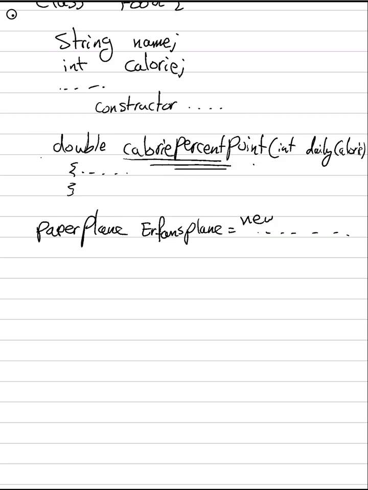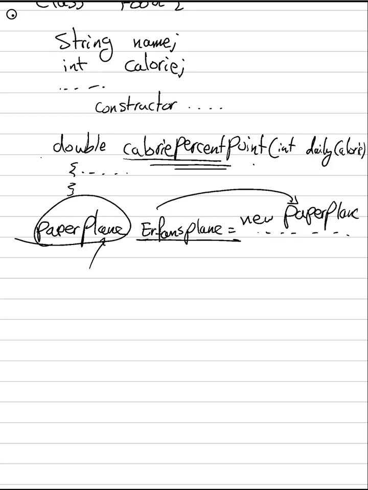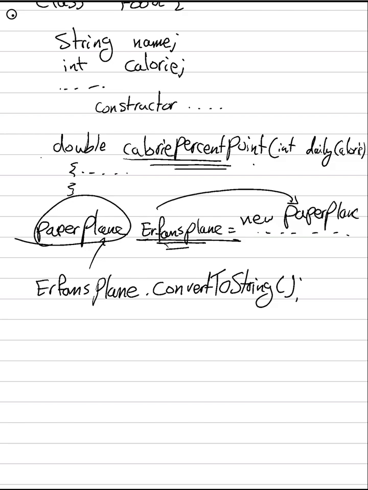It's new whatever class we are creating, and then we gave it all the examples. If we want to call a method on this, we have to call Erfan's plane dot convert to string, let's say.